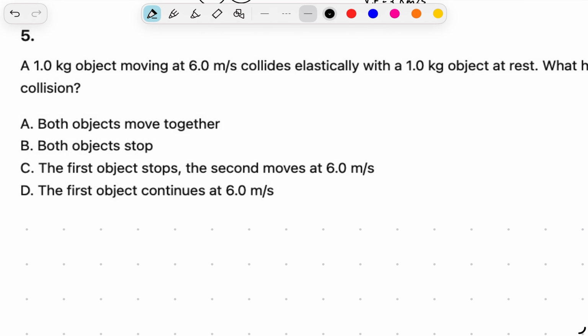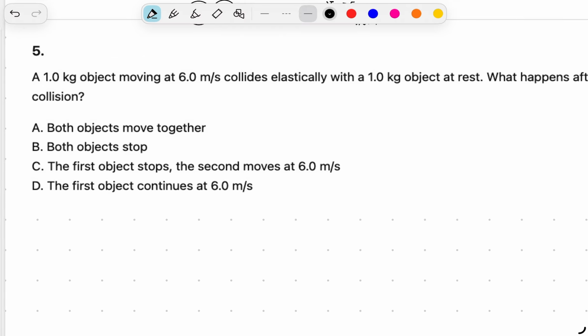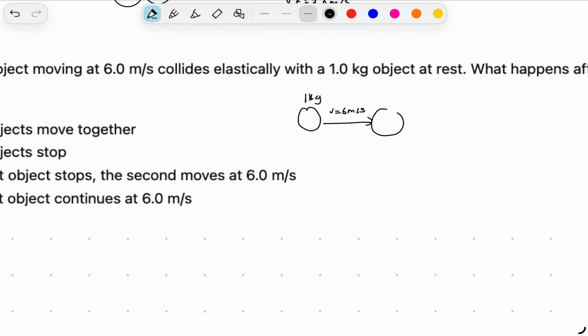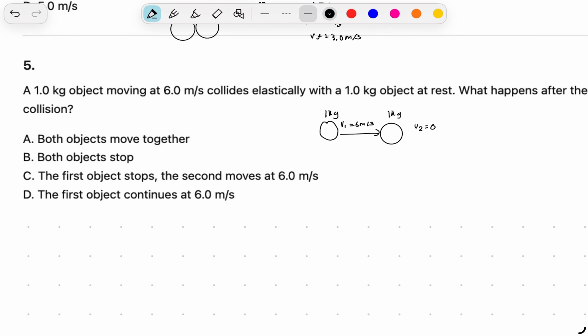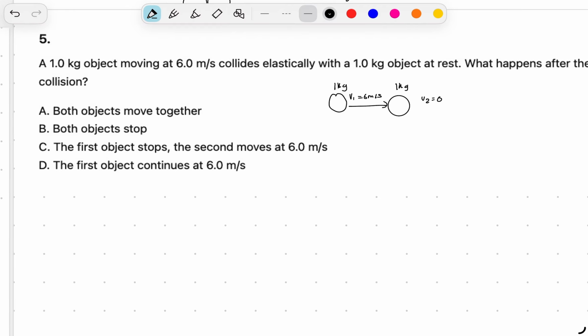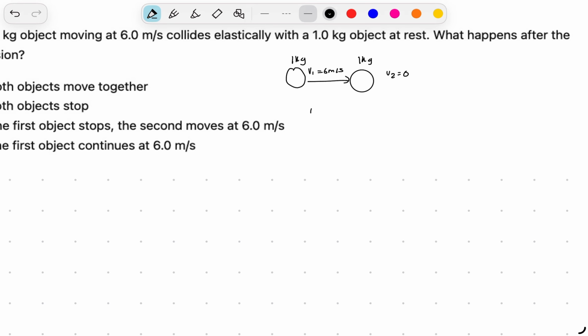A 1 kilogram object moving at 6 meters per second collides elastically with a 1 kilogram object that is at rest. What happens after the collision? When you have elastic collisions with the same mass, which we do here, m1 is equal to m2.